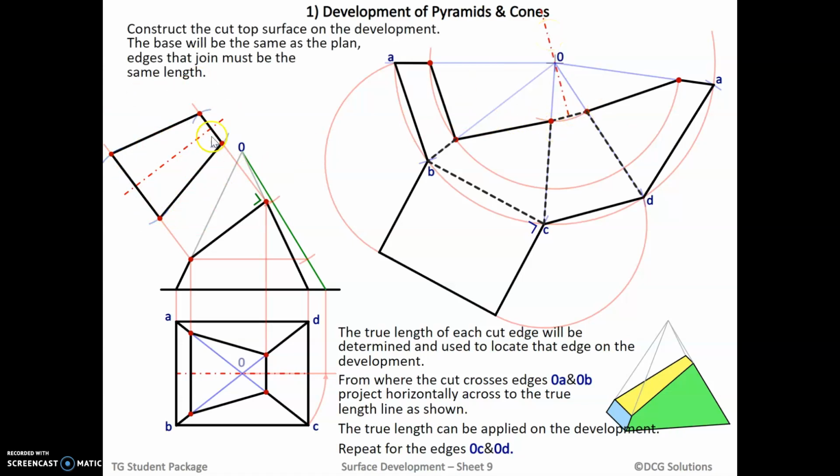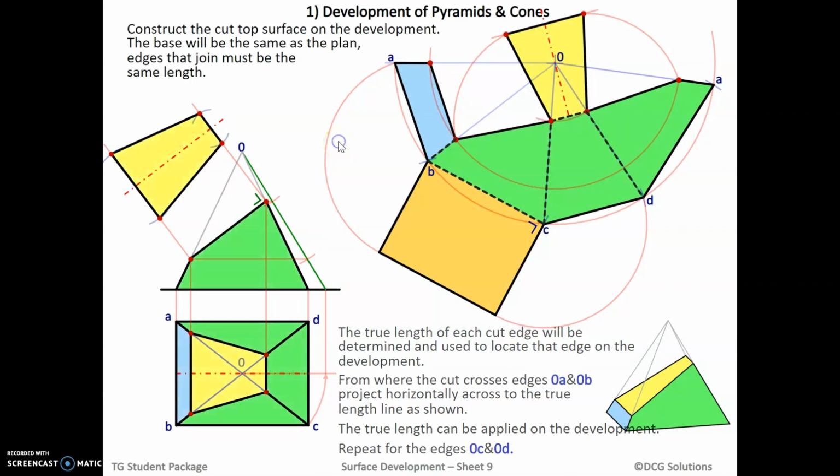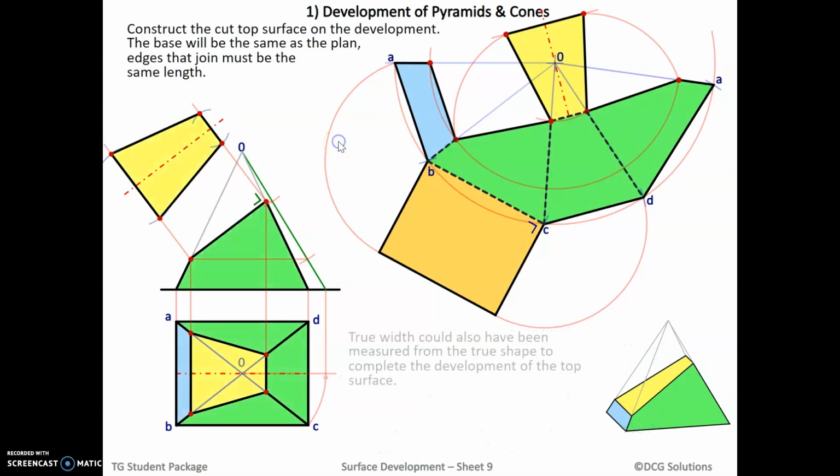Set this distance up in your compass. Step it off up here. Go 90 degrees to my center line. And again, take this distance left and this distance right. Stretch them up. There's 100 different ways of doing the exact same thing. That's that part done.